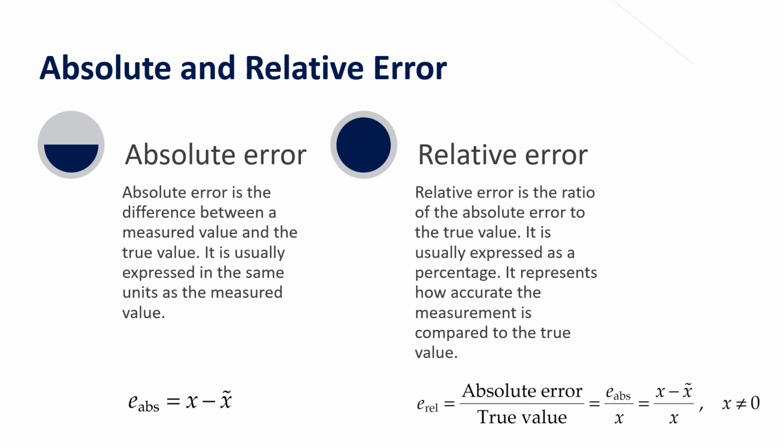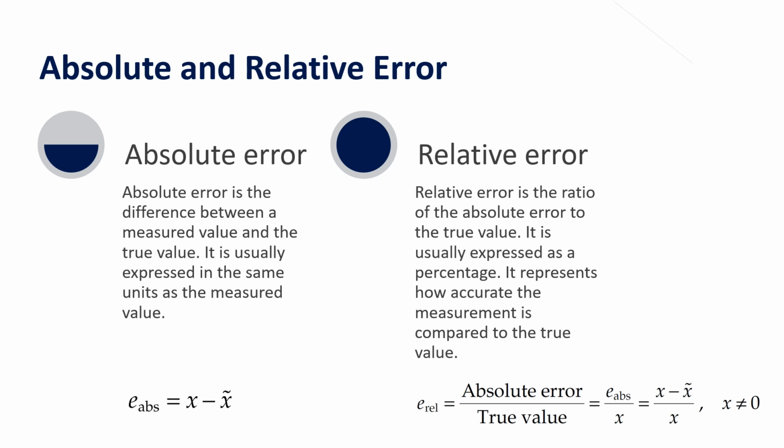Meanwhile, relative error, on the other hand, is the ratio of the absolute error to the true value. It is usually represented with the symbol delta, and it is measured as a percentage. For example, using the same measurements, we have 0.2 inches divided by the true value 10, so 0.02 or 2%.